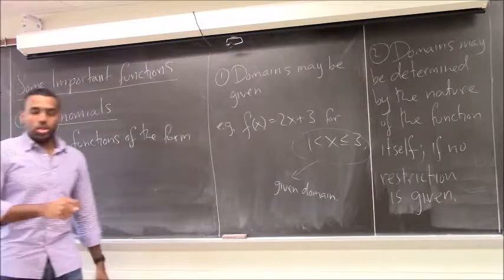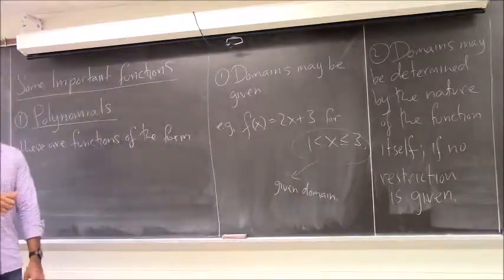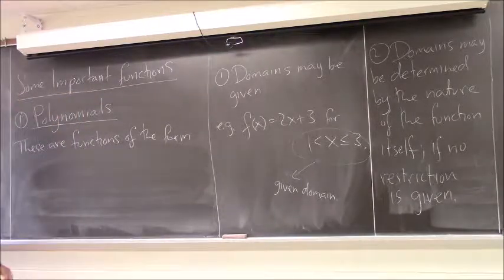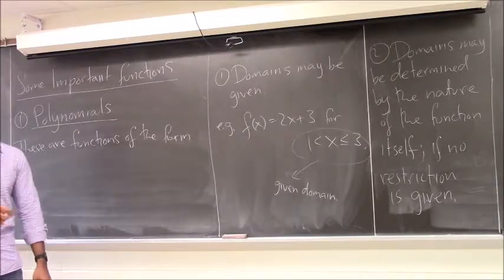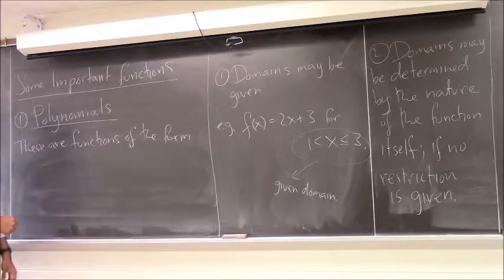Okay, can anyone tell me what a polynomial looks like? Can anyone give me an example of a polynomial function? Those are ones that are like 5x^5 minus 4x^3, like we just have a bunch of exponents, basically. Yeah, exactly.